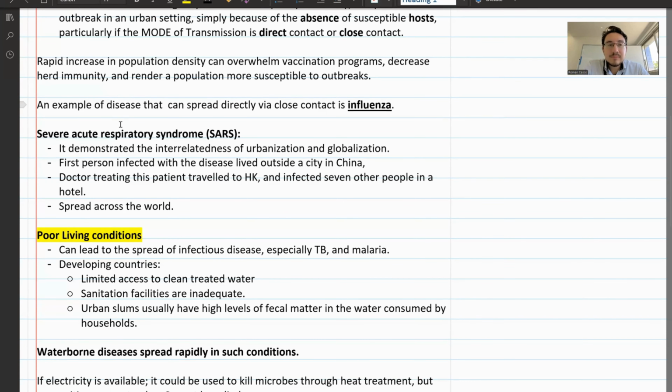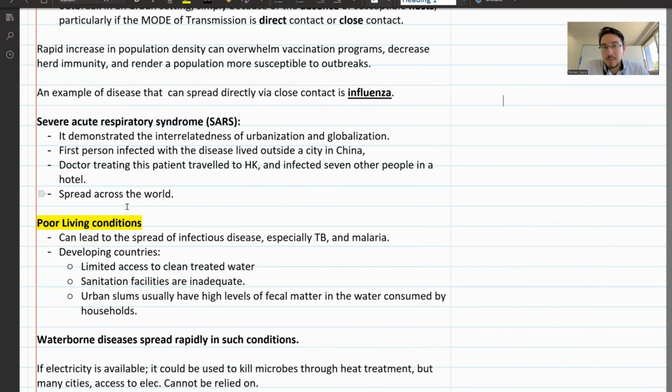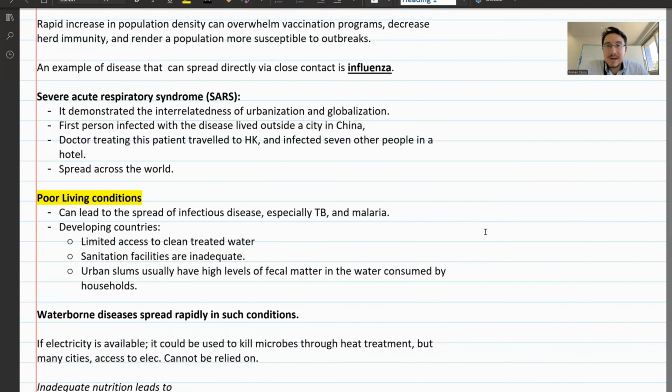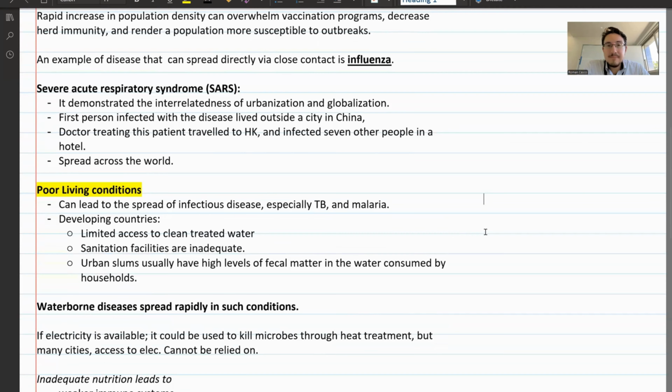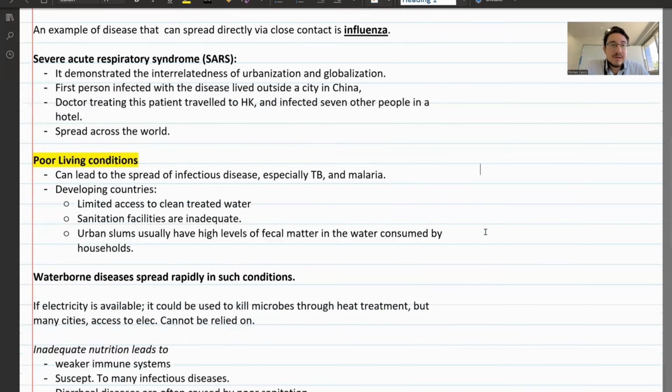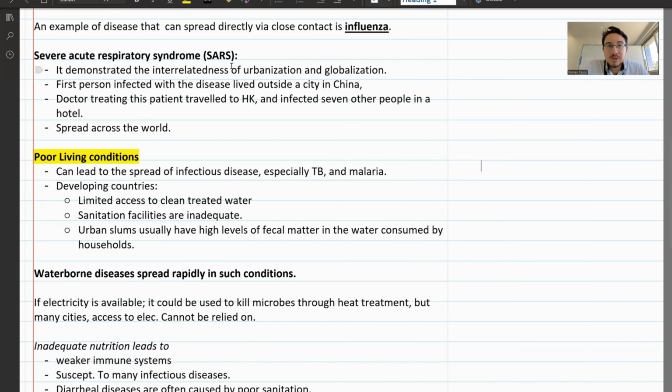And definitely that can occur more for airborne diseases, that you can get by coughing and sneezing, like influenza. And influenza, we see it all the time, yearly, right?